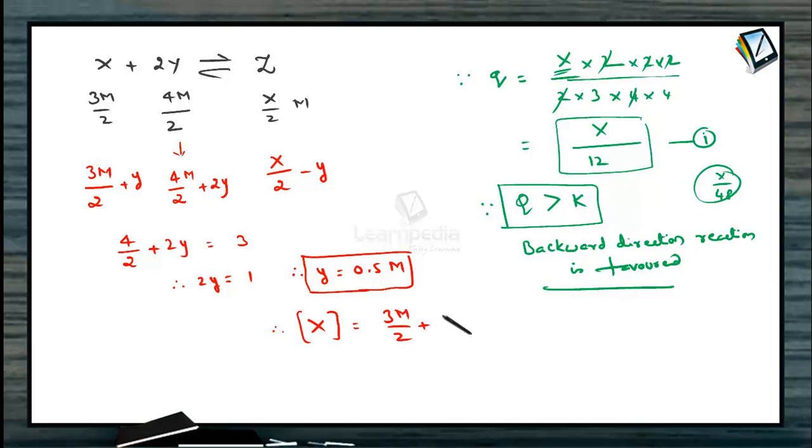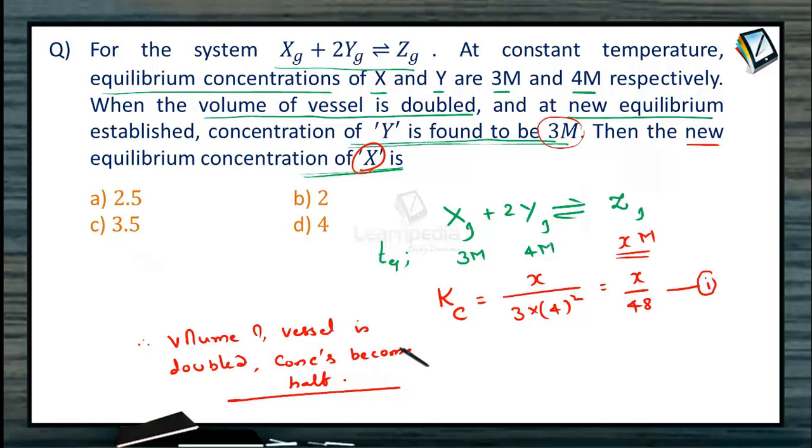How much did we get for y? 0.5, that is half M. In other words, 3 by 2 M plus 1 by 2 M, that is 2 M. So the new equilibrium concentration of X is 2 molar. Whereas the options are given as 2.5, wrong, 2 molar. So here the concentration of X is 2 molar. Therefore B is the right option. C, 3.5, wrong. D, 4, wrong.